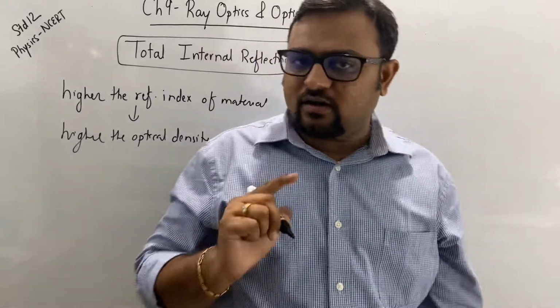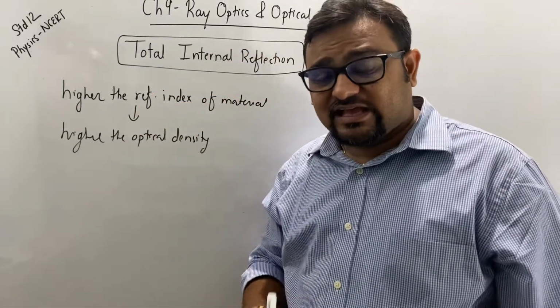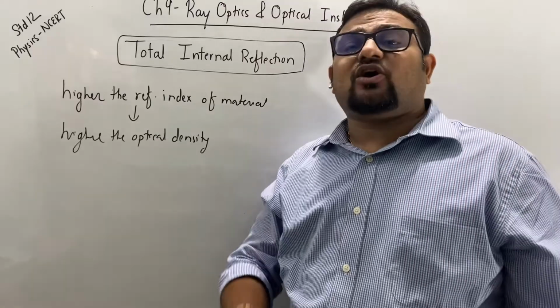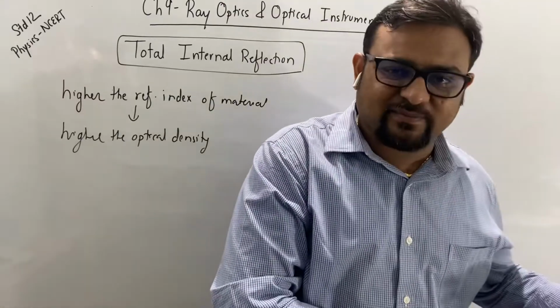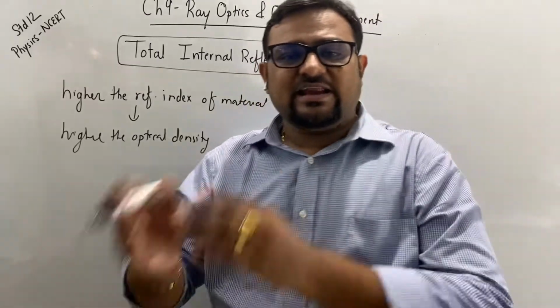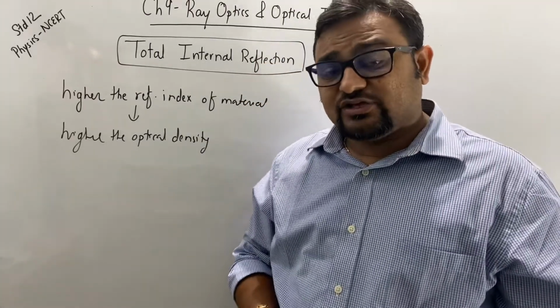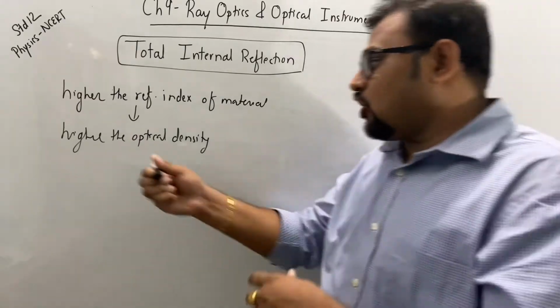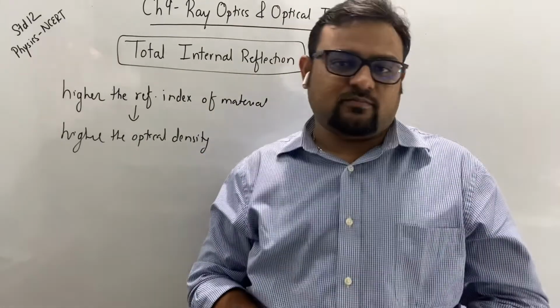And remember, this optical density is independent of the density of the material, meaning independent of the mass and the volume of the material. So density and optical density are both different terms.